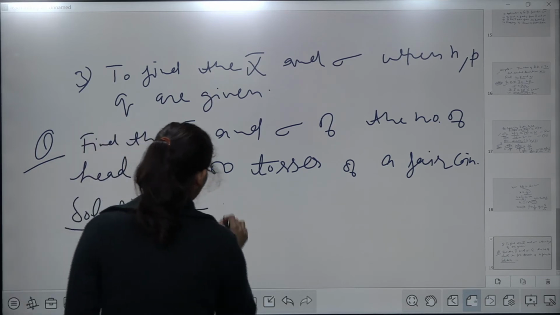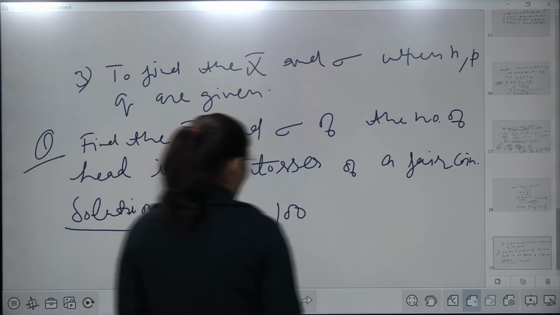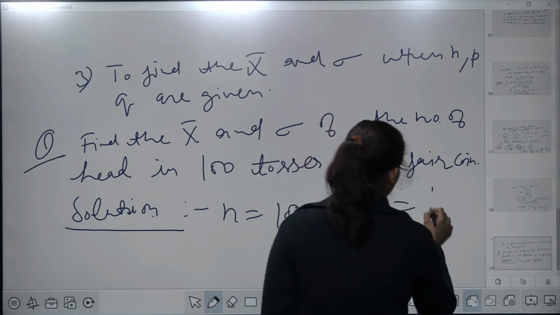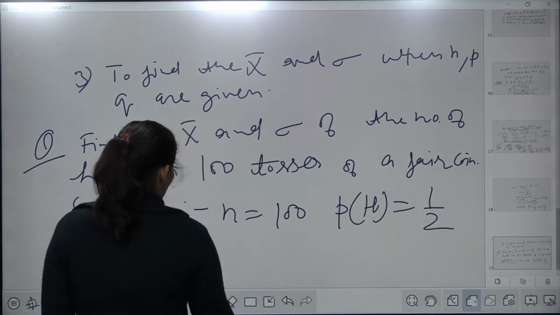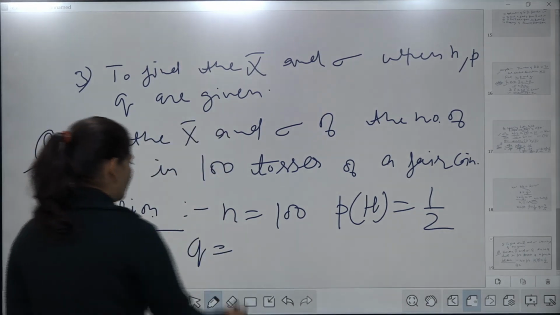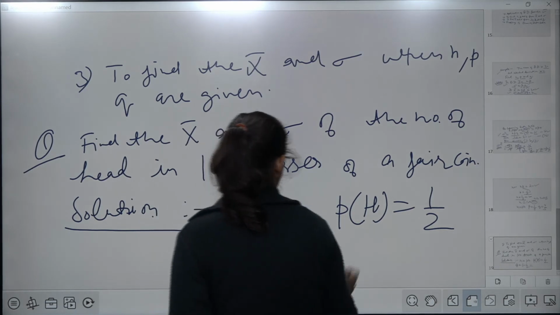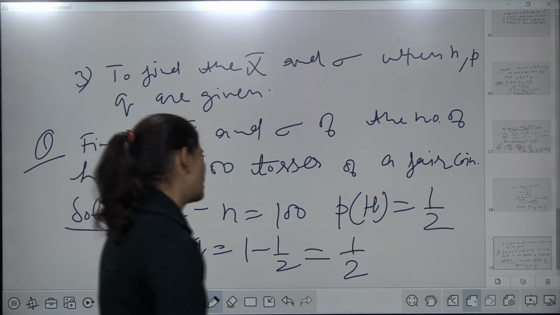We are given N, number of tosses, is 100, and probability of getting head, if your coin is fair, will obviously be 1 by 2, and Q, probability of not getting head, is also 1 by 2, or you can say probability of getting tail, right.